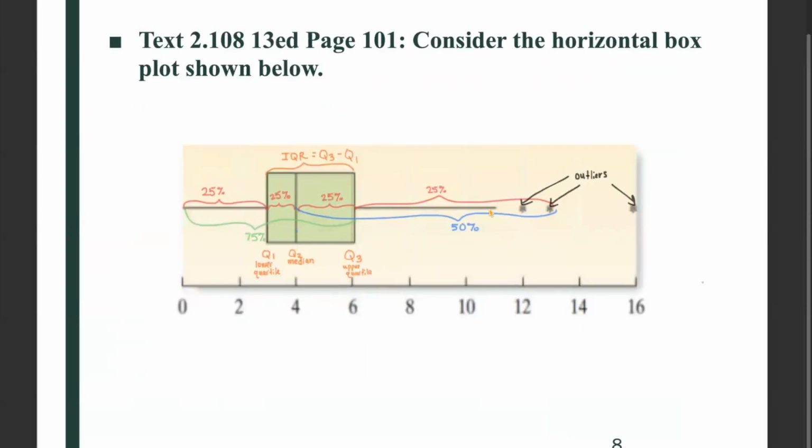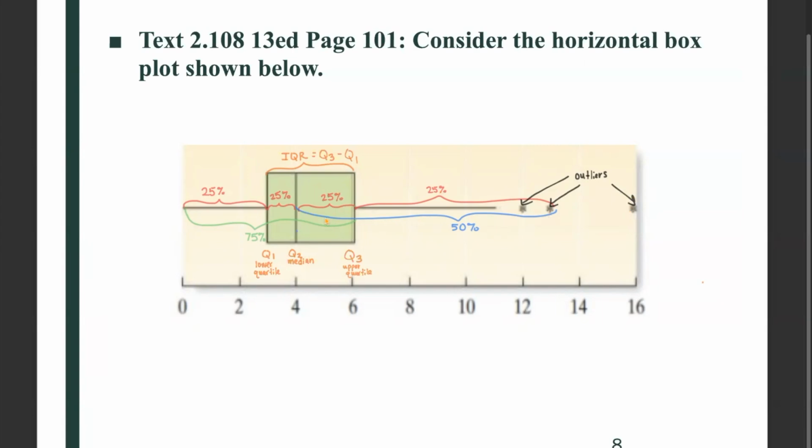So we have 50% of the data that lies to the right of the median, or you can look at, okay, we have 25% in between the median and the upper quartile, and then another 25% from the upper quartile to the last outlier. And like I said, this 25% should go all the way to 16, and this 50% should also go all the way to 16.